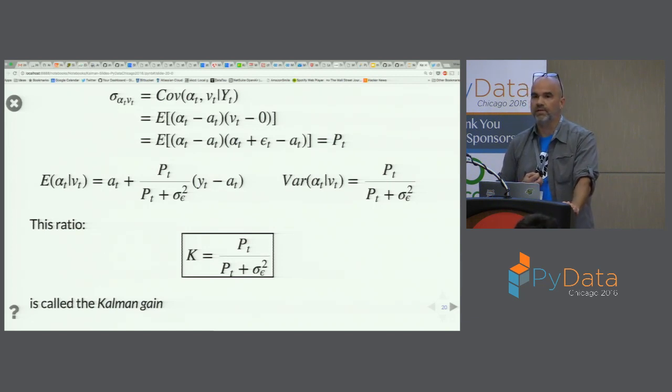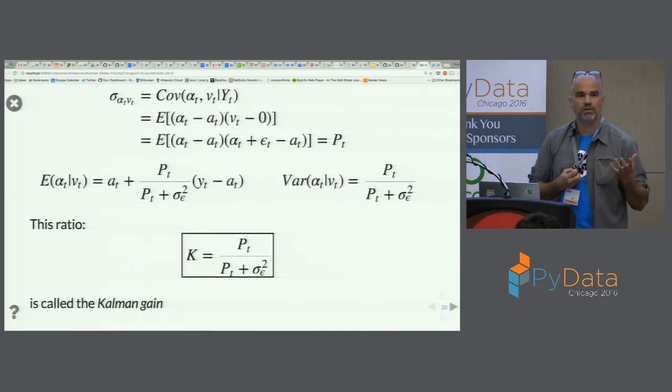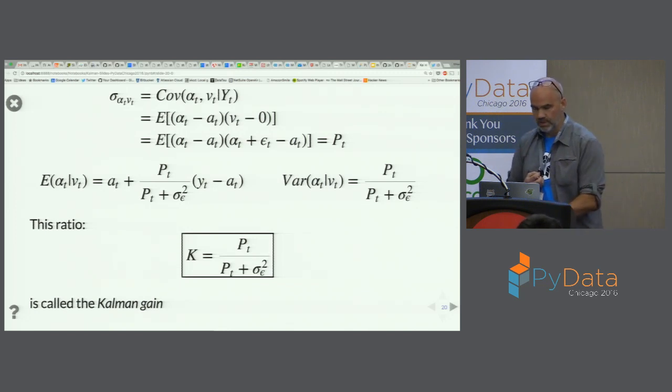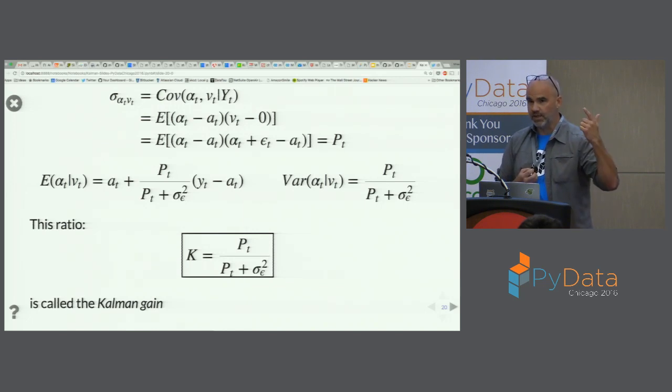If the noise in the measurement is large, on the other hand, then this ratio will get progressively smaller, and that means that you're probably better off staying closer to the state that you estimated without the observation. It's also worth noting that using that lemma on the previous page and what's shown here, this is actually the optimal estimate given a linear system and Gaussian distributions, much like least squares regression.